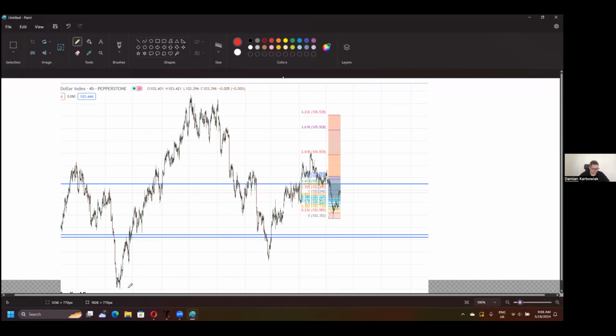With red is 0, 1, A, B, and the market is on the way to C, which has a geometry cluster here for a flat correction.